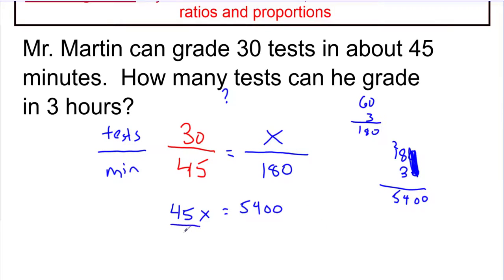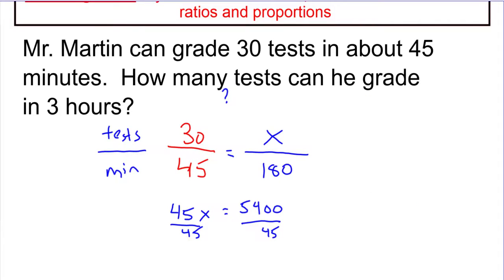Okay, so now I need to do division. I'm going to divide by 45. Again, these are slightly larger numbers, so it's going to be a little bit of work. So let's get rid of all of our work here, give ourselves some space, and keep ourselves organized. So 45 into 5,400. 45 goes into 54 one time. 1 times 45 is 45, and that leaves a 9.